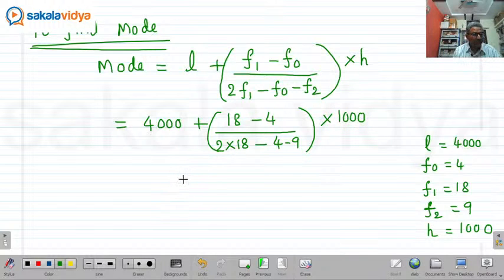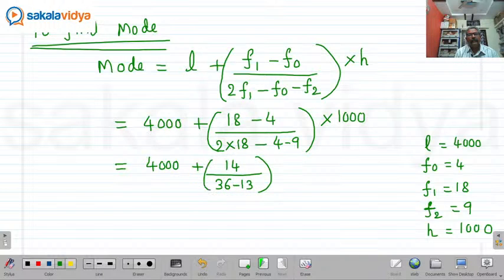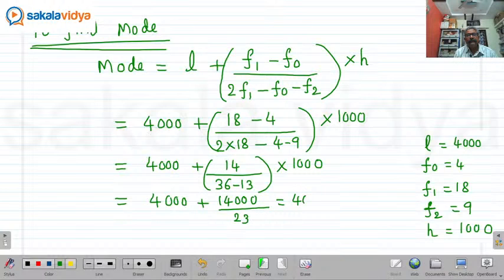Let us simplify. This will be 4000 plus 14 upon (36 minus 13) multiplied by 1000. So this is 4000 plus 14,000 upon 23. If you divide, approximately you will get 4000 plus 608.695.